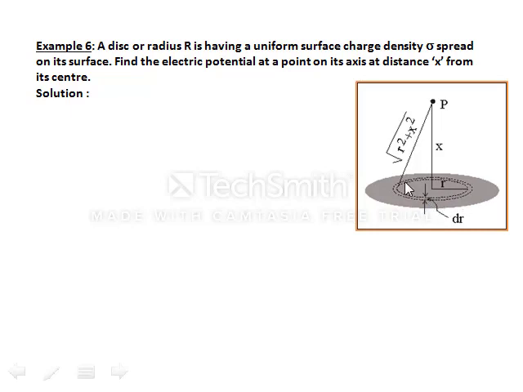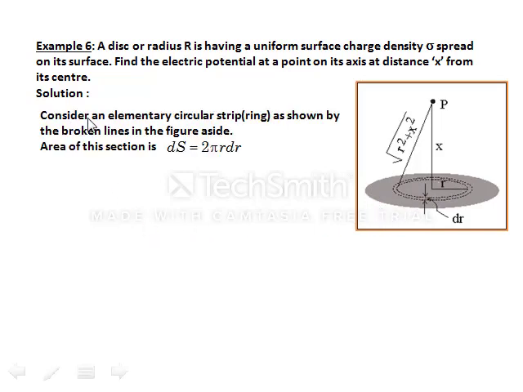So the area of this section is the length of this strip, which is the circumference 2 pi r, into its width dr. We can get the area of this section. Area of this section is ds is 2 pi r dr. Now if we know the area of this section, we can find the charge of this section.